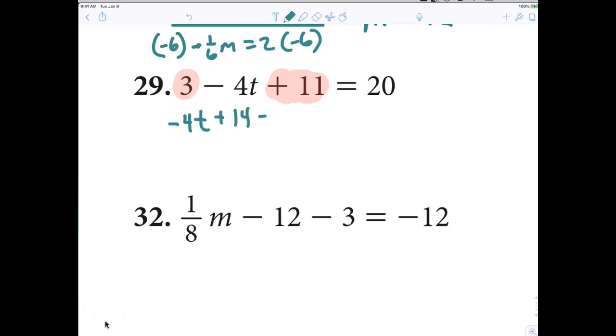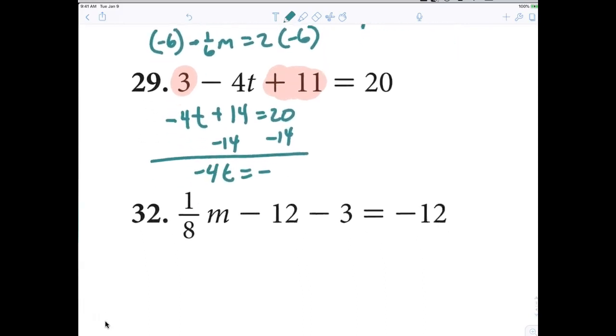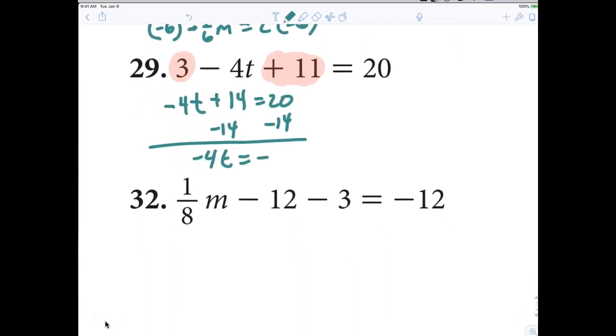When you do at the end, it's negative 4 divided by negative 4. How do you do 6 divided by negative 4? Okay, so this is what we have right here, right? You just divide by 2, kiddo. You with me?